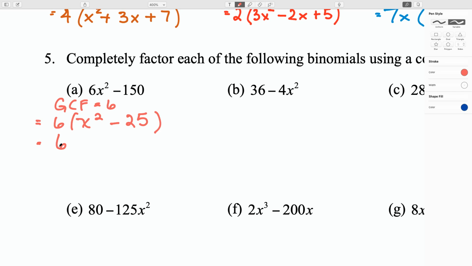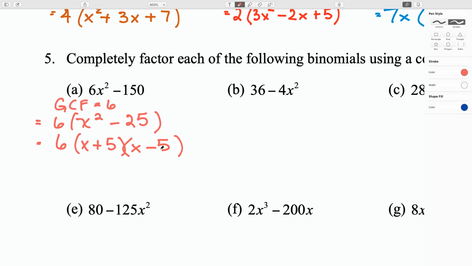And if we don't write the 6, our answer is no longer equivalent to the expression we started with. So I set up my two parentheses because I know a difference of perfect squares when factored gives me two binomials, a conjugate pair. And I know that x and x should be first. That's how I get the x squared. I know my symbols should be a plus and a minus. And in order to get 25, the square root of 25 is 5.